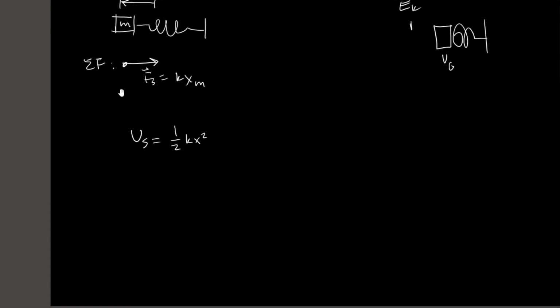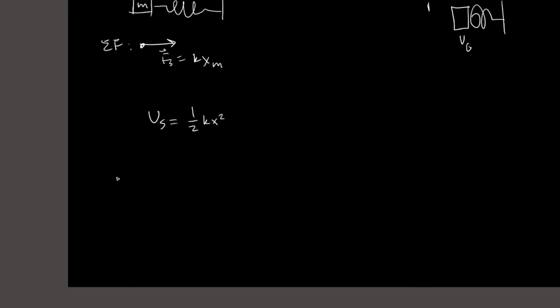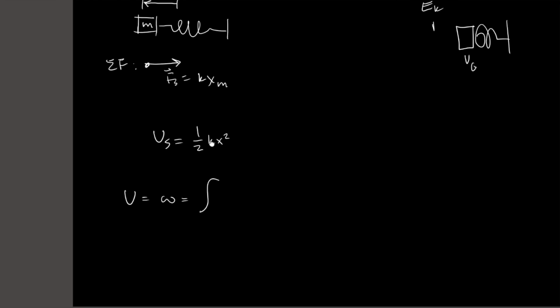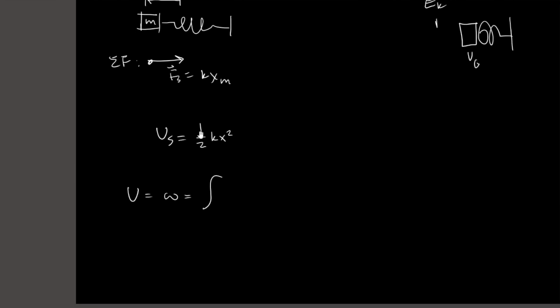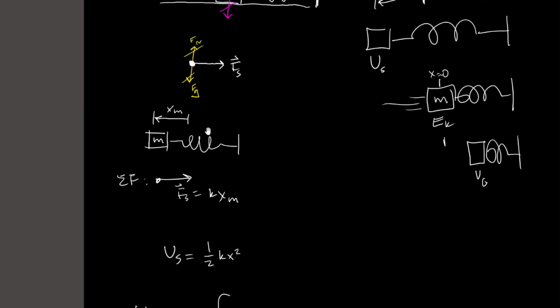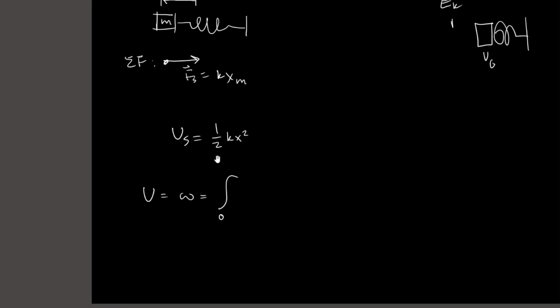And this equation comes from the definition of potential energy. So potential energy is the work required to move an object from some initial configuration, so let's say that's our equilibrium position, to wherever we put it. In our case, that's our maximum displacement.